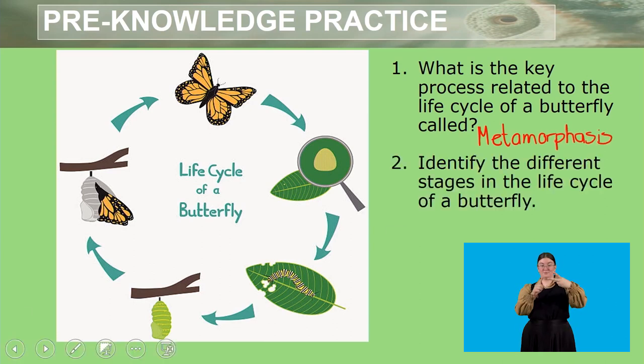And then second question, identify the different stages in the life cycle of a butterfly. This life cycle, any cycle, we know that is ongoing. So we will start off by identifying the stage of the butterfly from this point where eggs are laid.